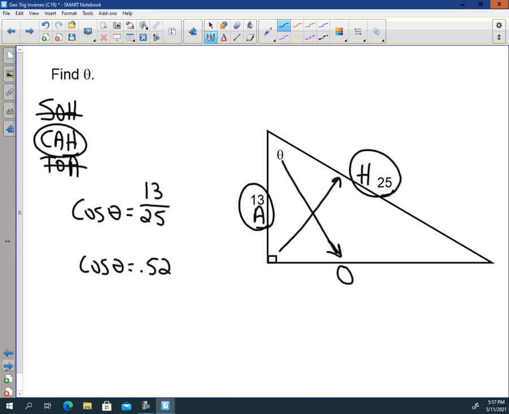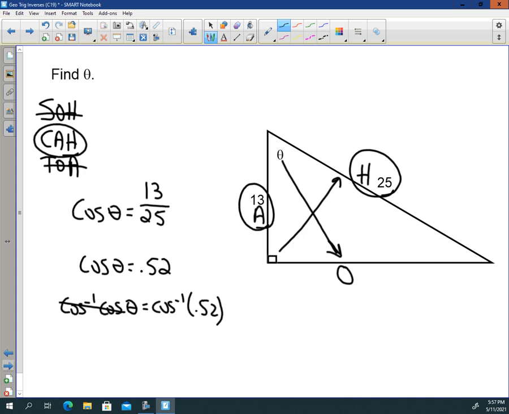We could say that the cosine inverse of cosine theta equals the cosine inverse of 0.52. And that's real handy because these cancel, leaving us with the angle measure equals the cos inverse of 0.52.